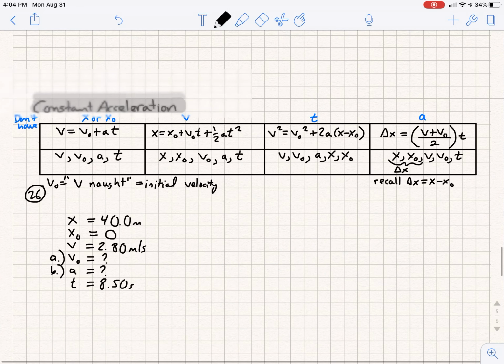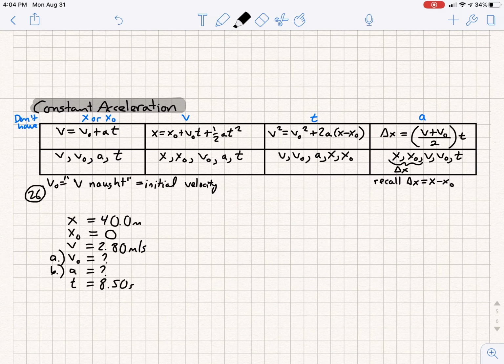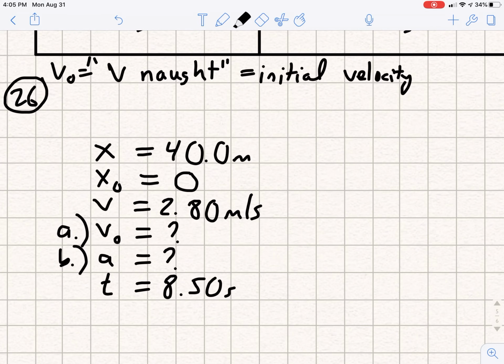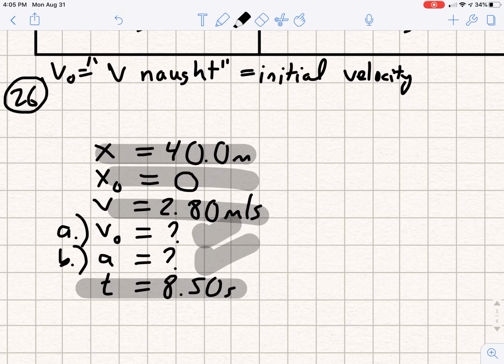Now, again, looking at this right here, I list my concept, constant acceleration. I list my 6 variables. Anything identified in the problem, again, what did I mention before? You will always know 3 to 4 of those variables. I know these 4 variables. I don't know these 2.